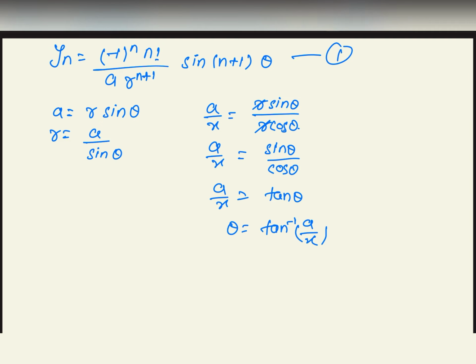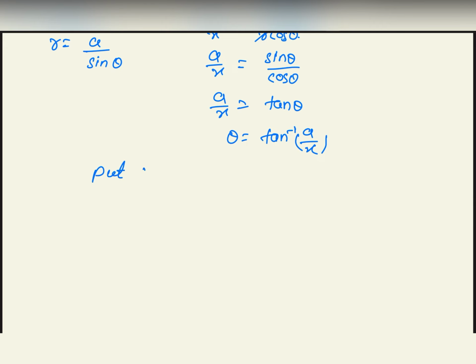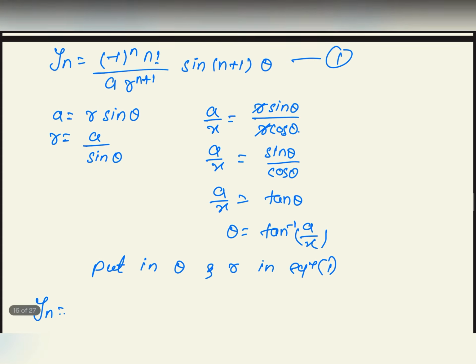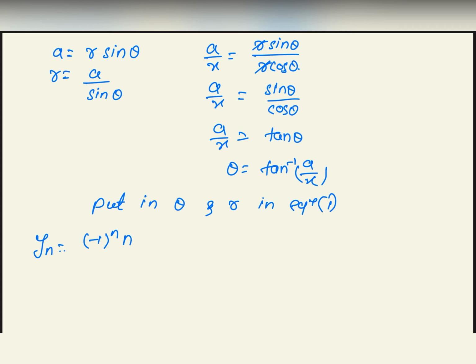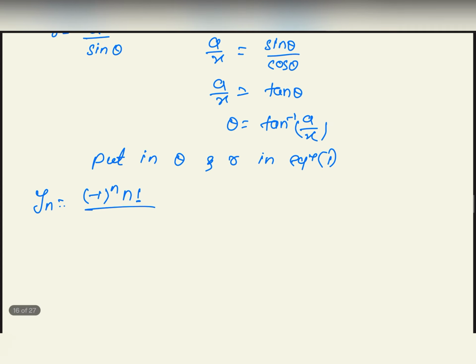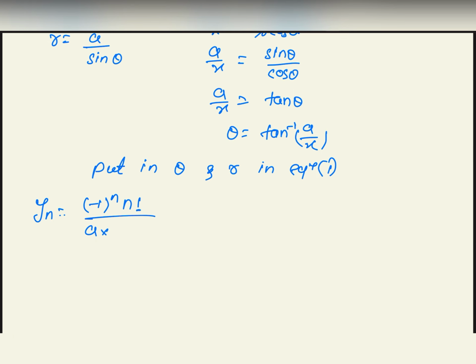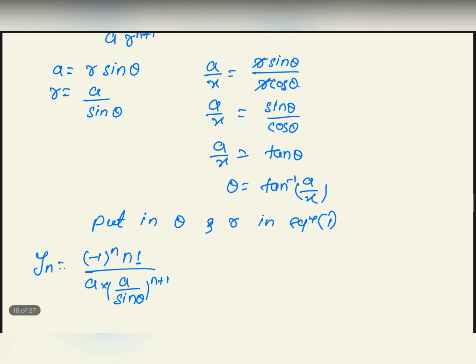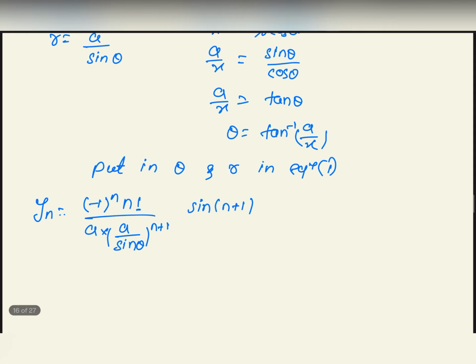So we can put in equation 1. In equation 1, hence yn is equals to minus 1 to the power n into factorial n divided by a r, where r is equals to a by sin theta to the power n plus 1, that is sin n plus 1 theta, where theta is equals to tan inverse a by x.